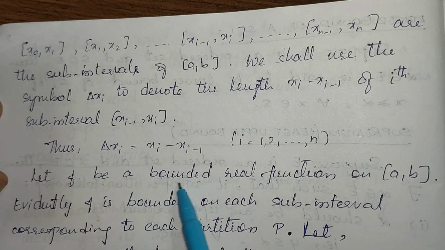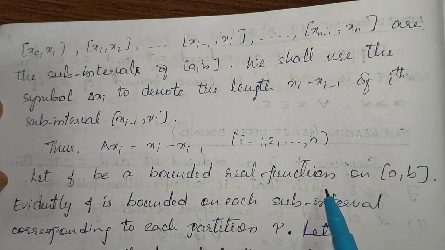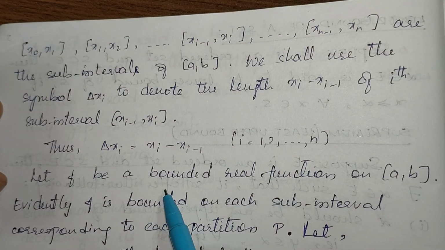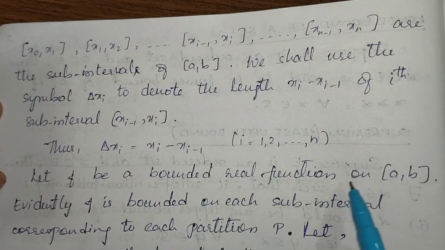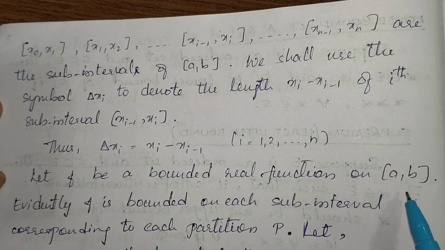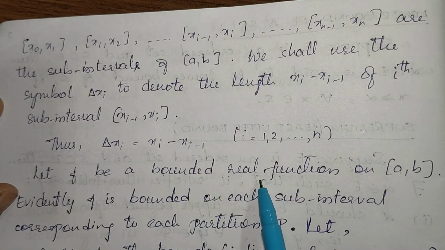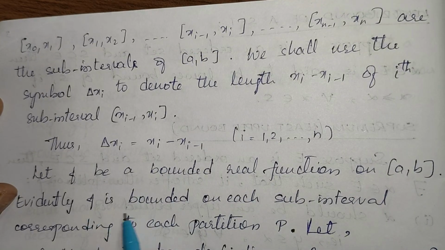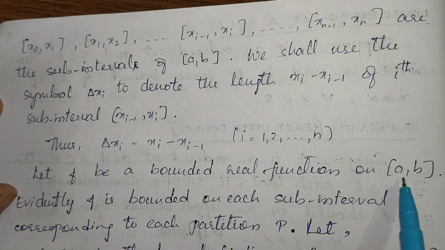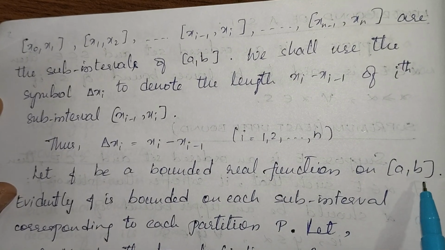So here, let f be a bounded real function, and we have already learnt what a bounded function is. Let f be such a function on closed interval [a, b]. If f is bounded on this closed interval [a, b], then obviously it will be bounded on each subinterval of this. That is the obvious thing.